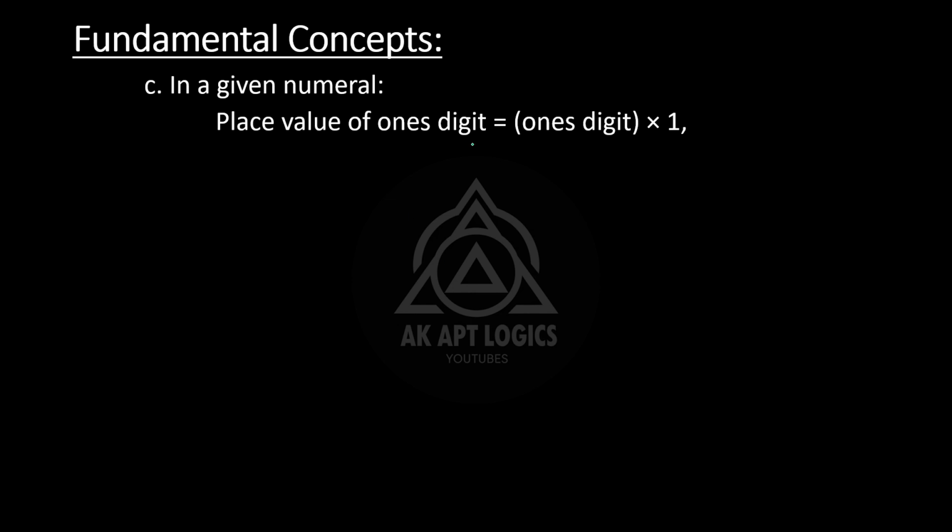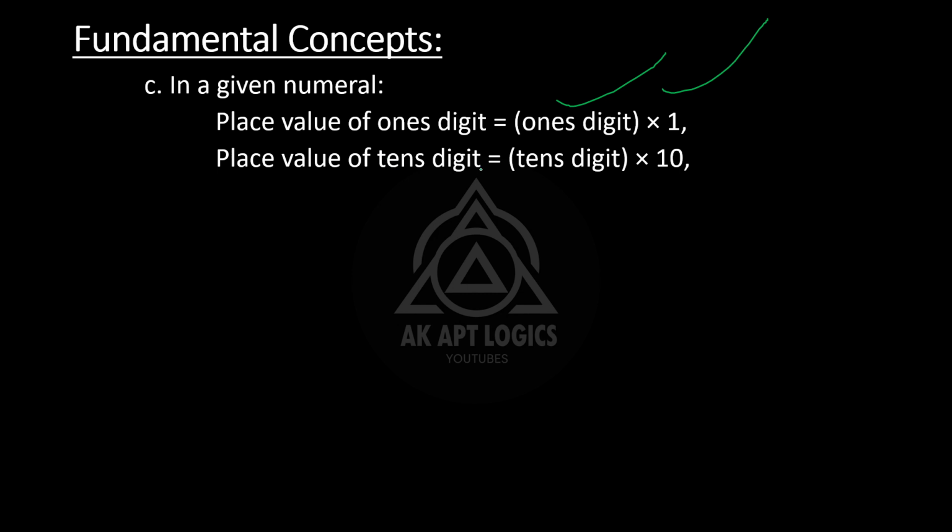The place value of a one's digit will be the one's digit into 1, because it is present in one's place, right? So we are going to multiply that particular digit with 1. Similarly, the place value of a tens digit will be the digit that is present in the tens place into 10, because it is present in tens place, right?